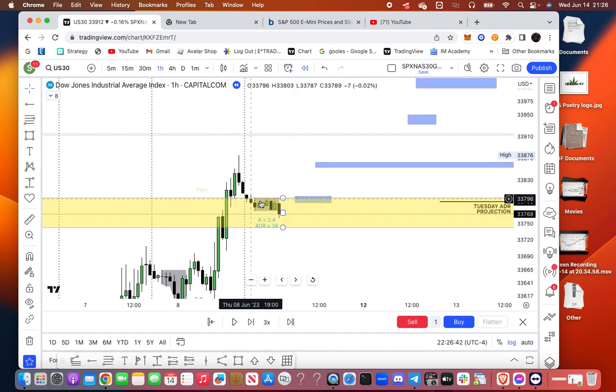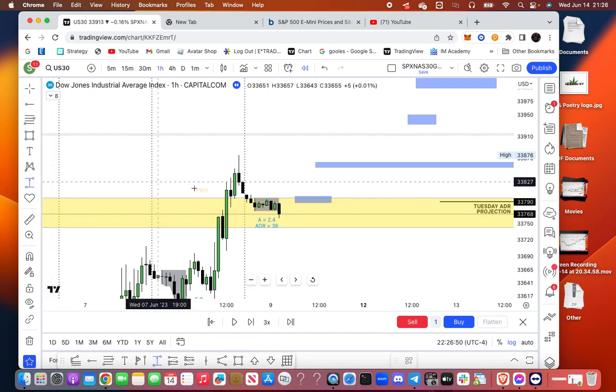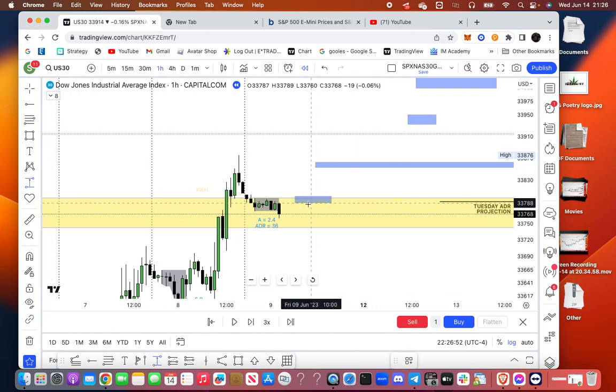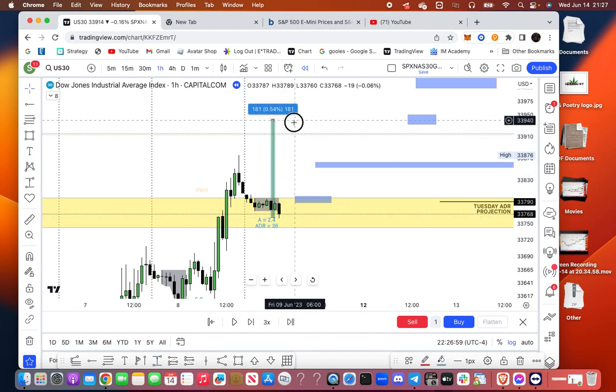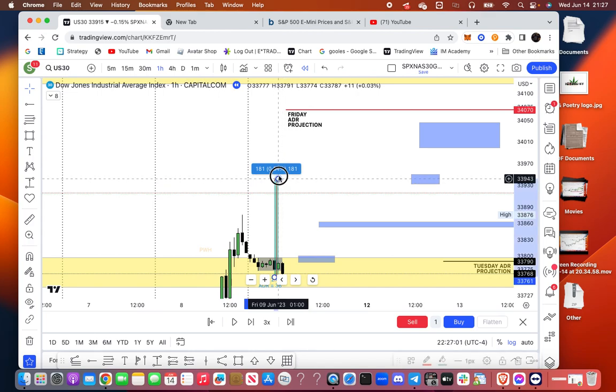So right now, let's say this is the end of the Asian session. It's projecting 36. So what I do is make a projection from this low right here, and go up 36, and let's see where that takes me.